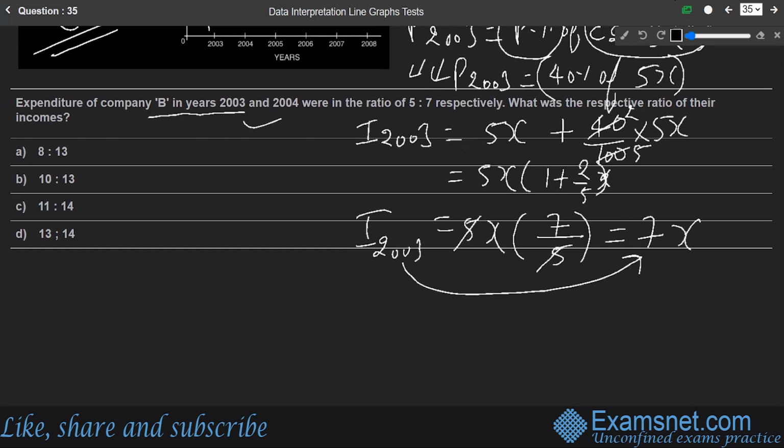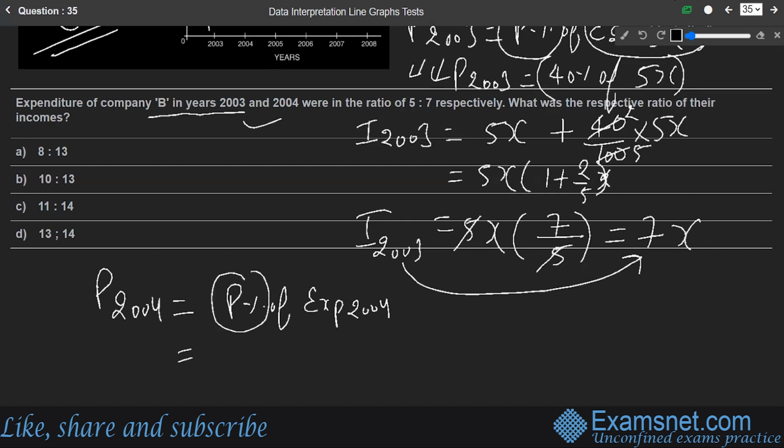Now let's do the same for income in 2004. For income in 2004, we first have to find out the profit in 2004. Profit in 2004 will be nothing but P percent of expenditure in 2004. That is the direct connection. For the profit percent value in 2004, we'll have to read the graph.